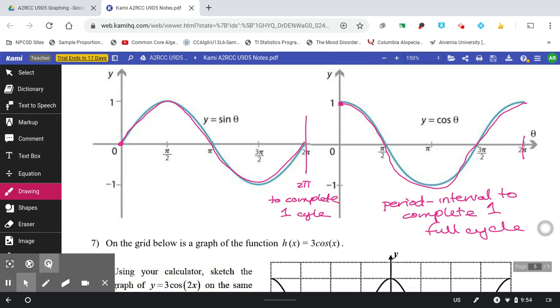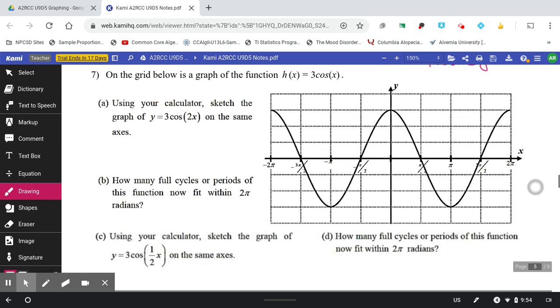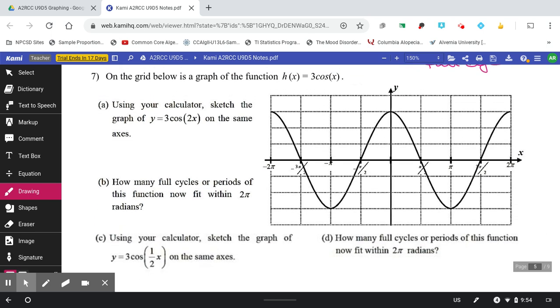Okay, so let's see what we have down here. Here on the grid, we have the graph of h of x, and h of x is equal to 3 cosine of x. We know that the cosine of x has a range of just -1 to 1, but this is 3 cosine x.